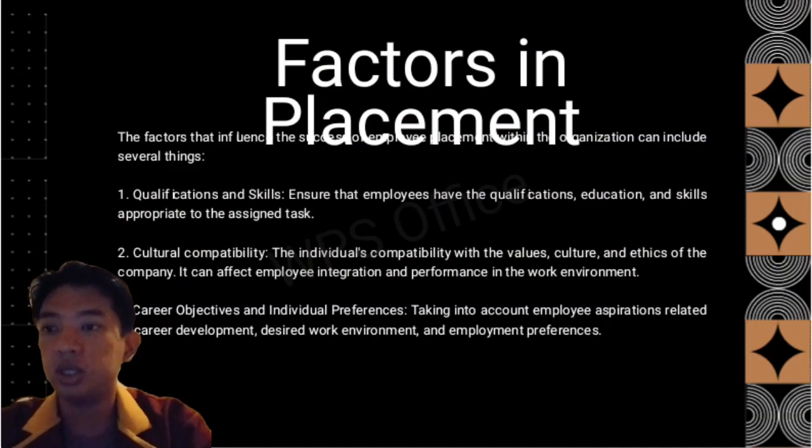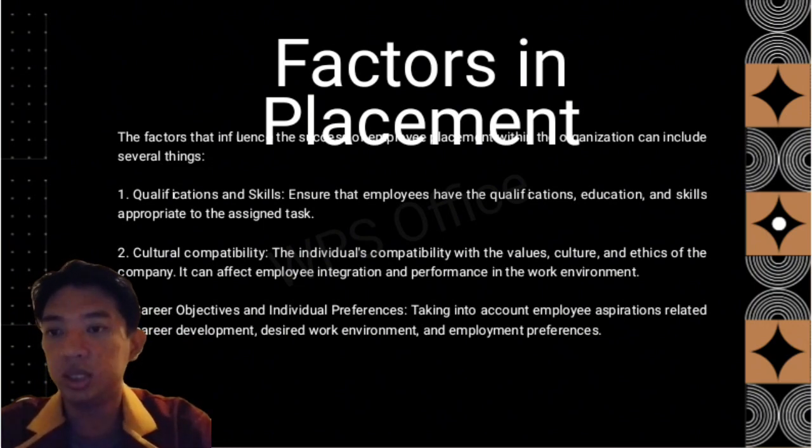Next, factors in placement. The factors that influence the success of placement within the organization can include several things. Number one, qualification and skills. Ensure that employees have the qualification, education, and skills appropriate to the assigned task. Number two, cultural compatibility.